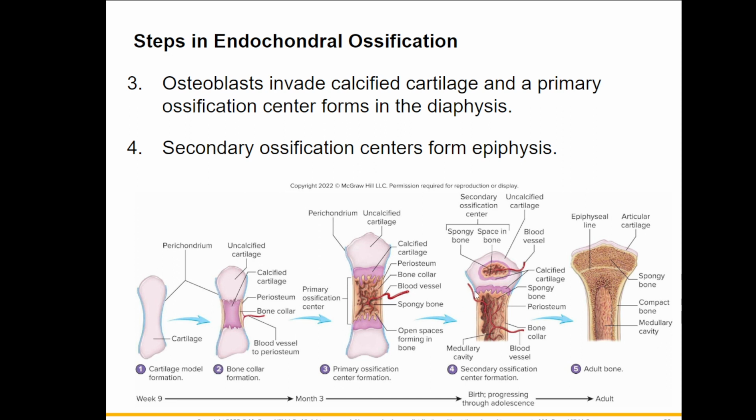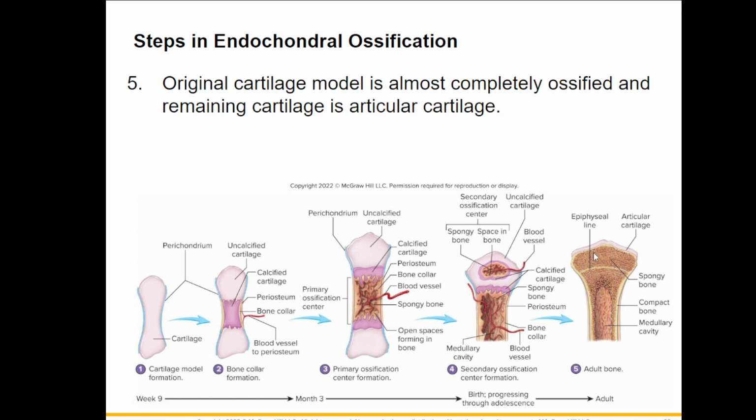And then eventually, once it is already finished calcifying the diaphysis, it will go now to the secondary ossification center in the epiphysis, until the original cartilage model is completely ossified, and the only remaining cartilage will be the articular cartilage at the very end of the long bone. Okay? And here we can see the epiphyseal plate, but once it is already finished, you will see now the epiphyseal line. Yan na lang makikita natin.